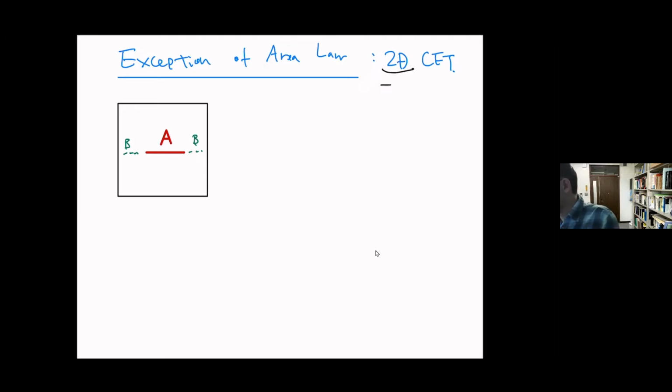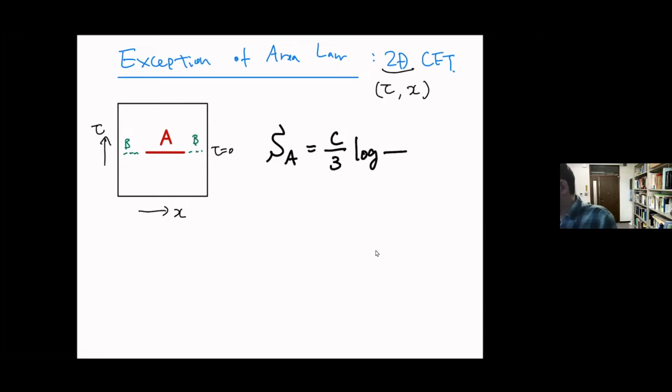T is Lorentzian time, but tau is what I mean by Euclidean time, so I always write it. This is the x direction, and this is the time direction. Let's focus on entanglement at tau equals 0. Then the entanglement entropy. There is a very basic formula that tells us S_A equals c over 3 log of L over epsilon, and c is the central charge.